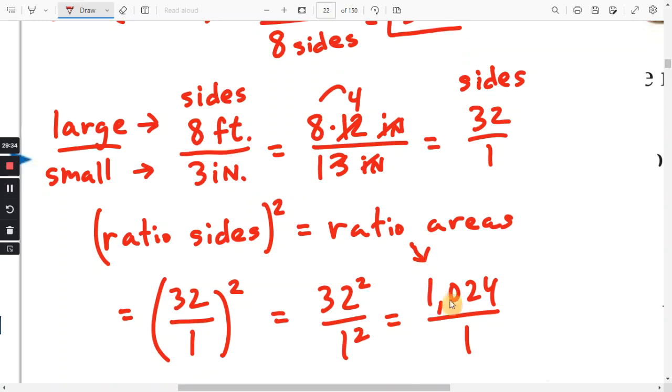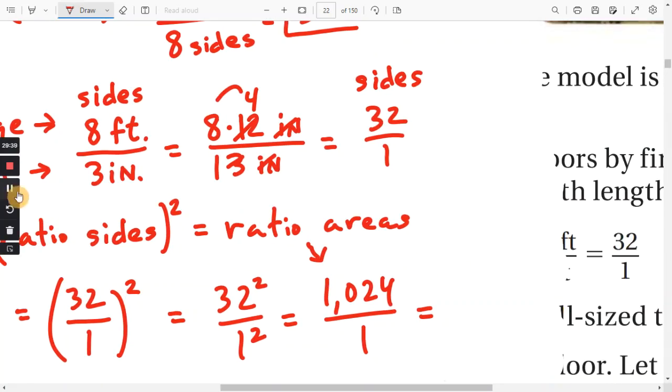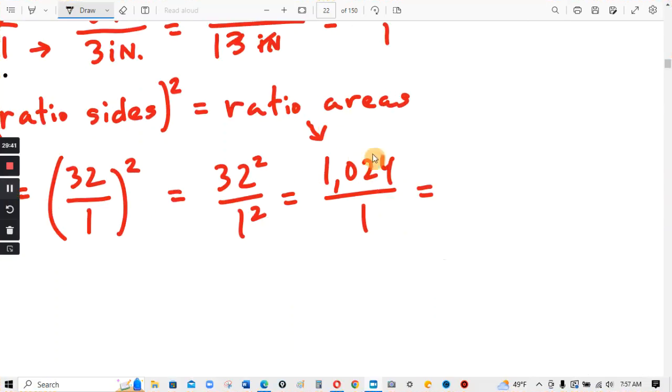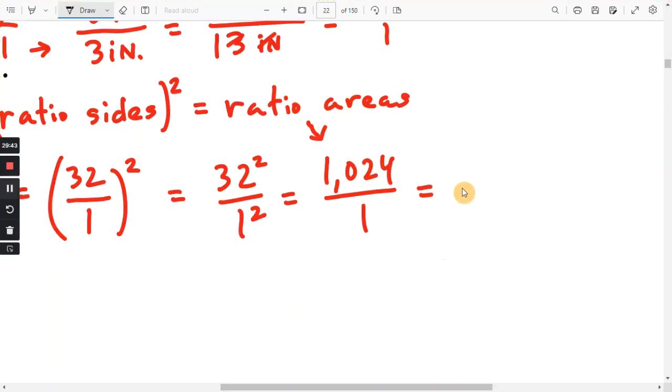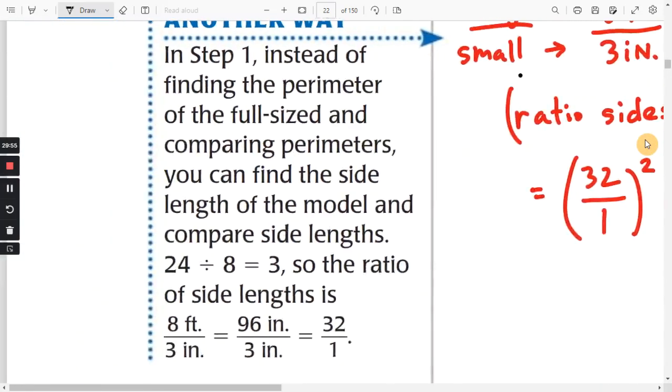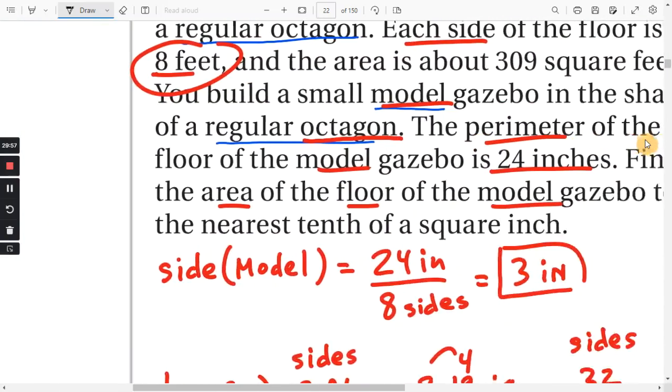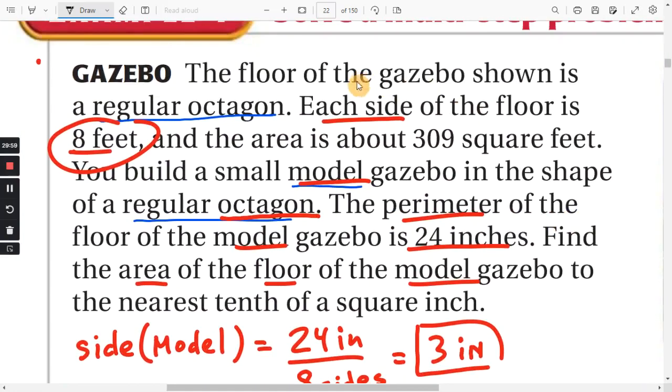And now we can just set it equal to the actual area. So this is the ratio of the areas. This other fraction is going to be the actual area. And let's see what we were given in the write-up. They said for the gazebo, the actual gazebo, which is the bigger one, the area is about 309 square feet.